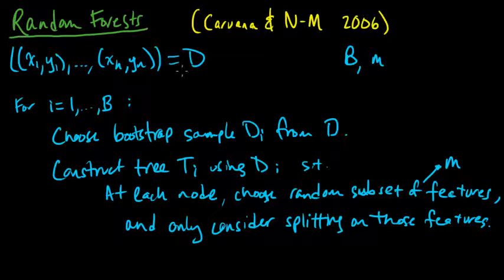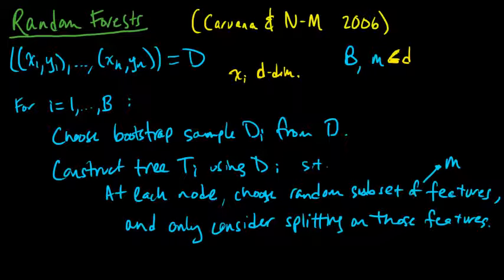If each xi is a point in R^d, or more generally just d-dimensional, and it might have categorical inputs, then m is some number less than or equal to d. Usually we want it less than d. d might be very large, and m could be rather small.